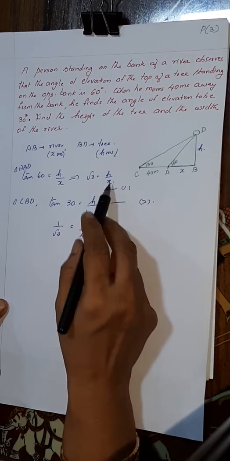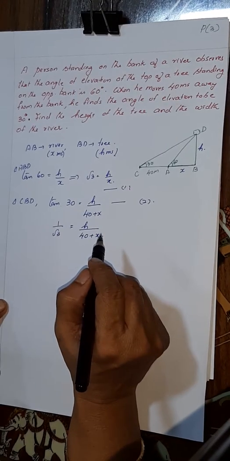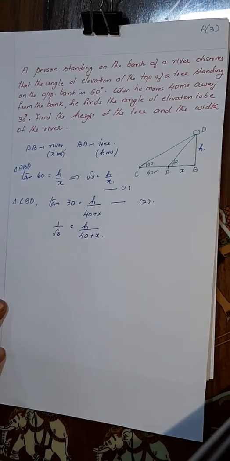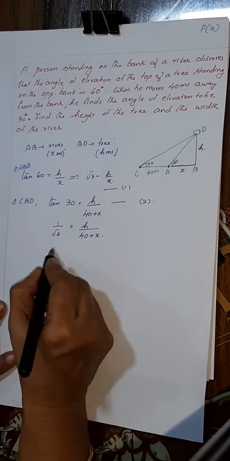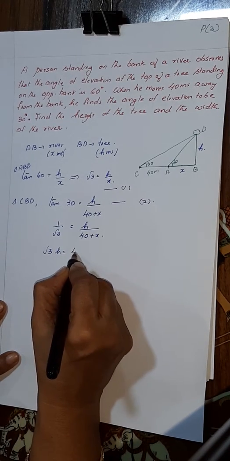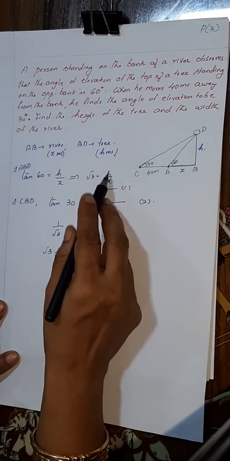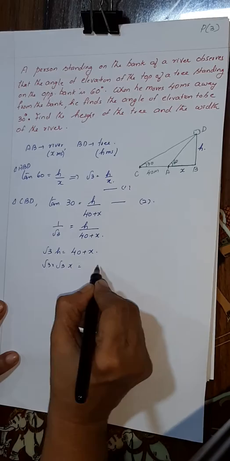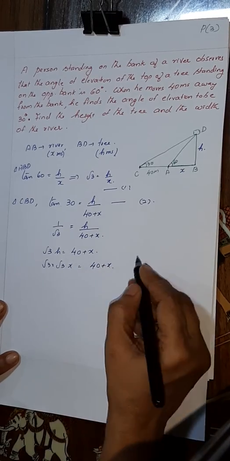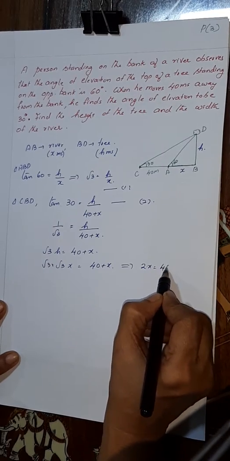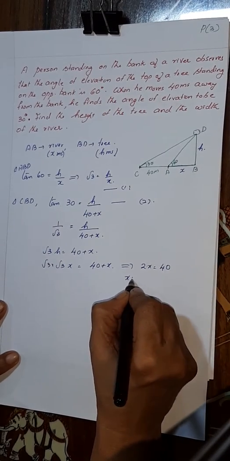So, now substituting h is equal to root 3x. So, root 3h is equal to 40 plus x. So, h is equal to root 3x. So, root 3 into root 3x is equal to 40 plus x. So, 3x. So, this will become 2x is equal to 40 and x is equal to 20.